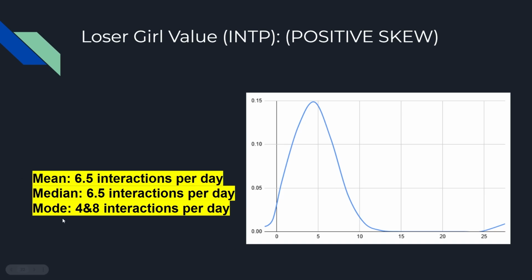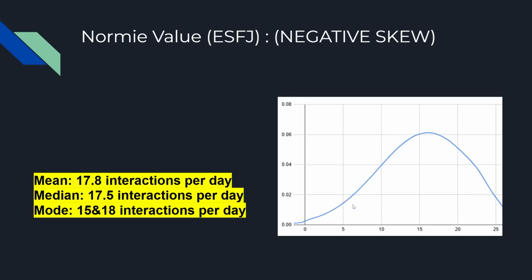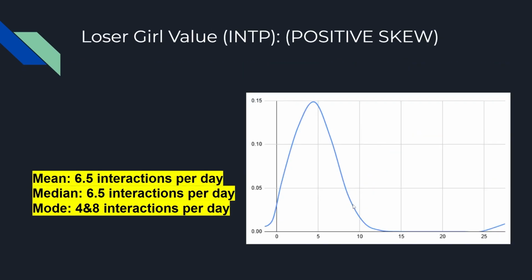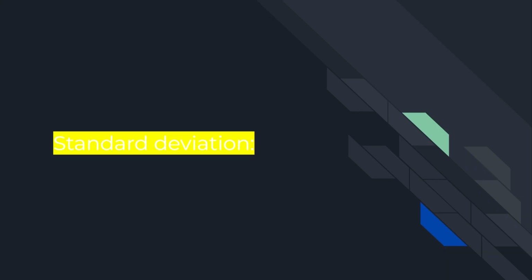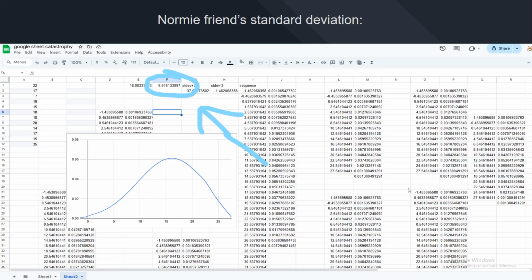Even if we don't include the means and the values right here, we could already tell that it's lower than average because it's skewed positively. And also, what does that say? Standard deviation. As you can see right here in this little circled area, we can see the standard deviation for my normie friend's values. And I also calculated the standard deviation of my own data.